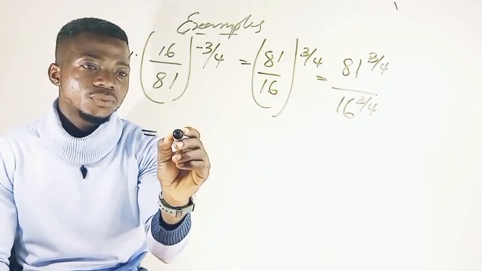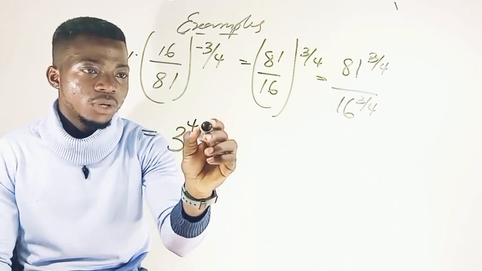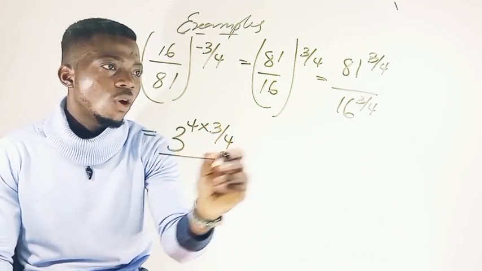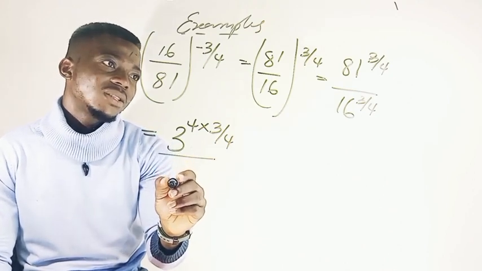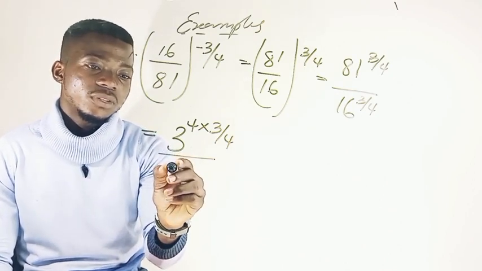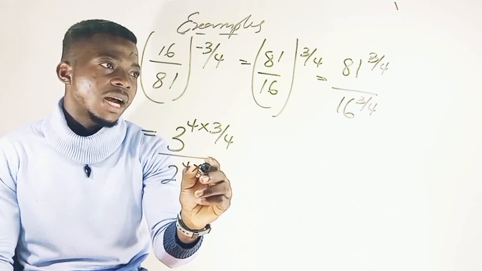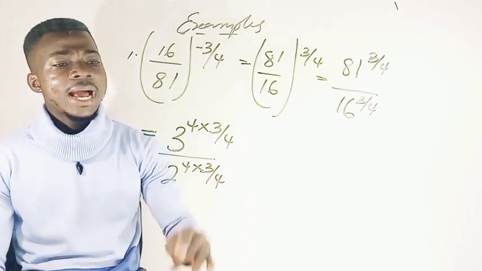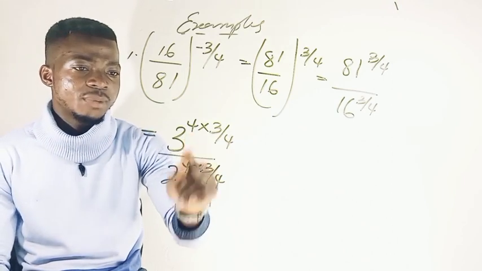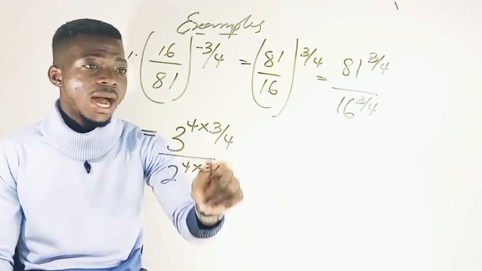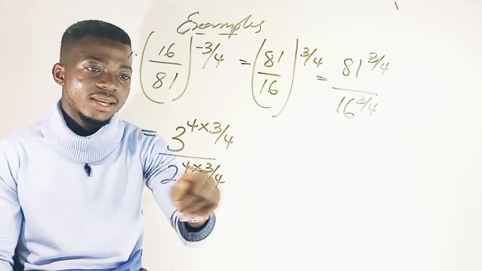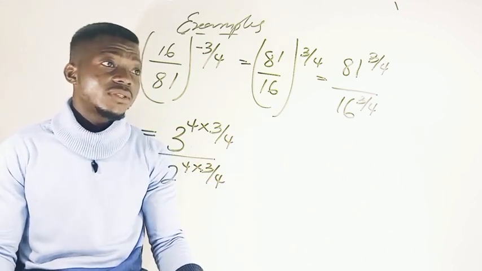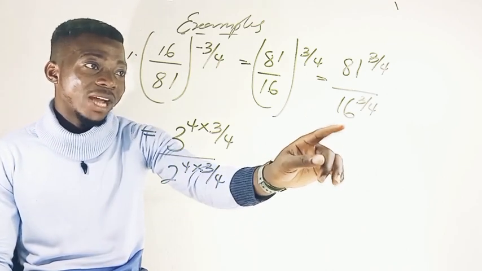We have 3 exponent 4, to the exponent 3 over 4, over 16, which is 2 exponent 4. Now you'll be wondering why I'm using exponent 4. The reason is I wanted to match it with this so that I can cancel it. With 16, I can even use 4 exponent 2.